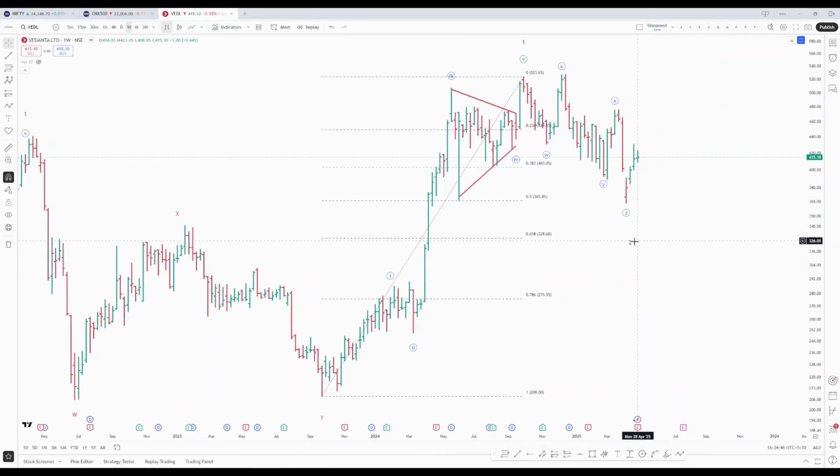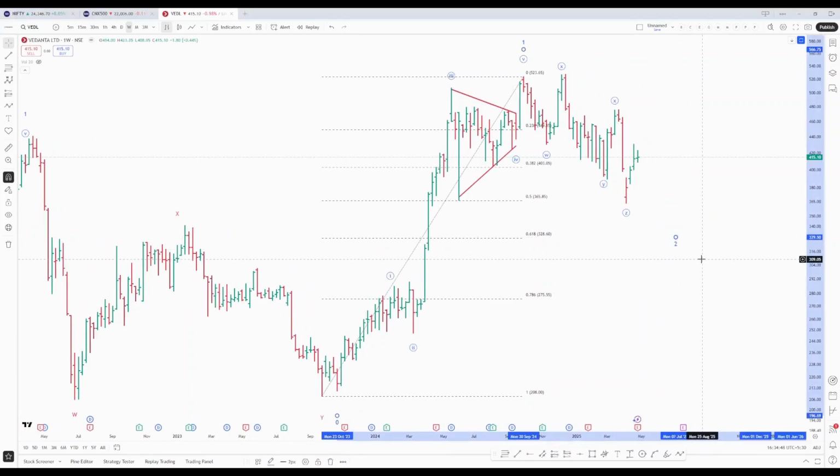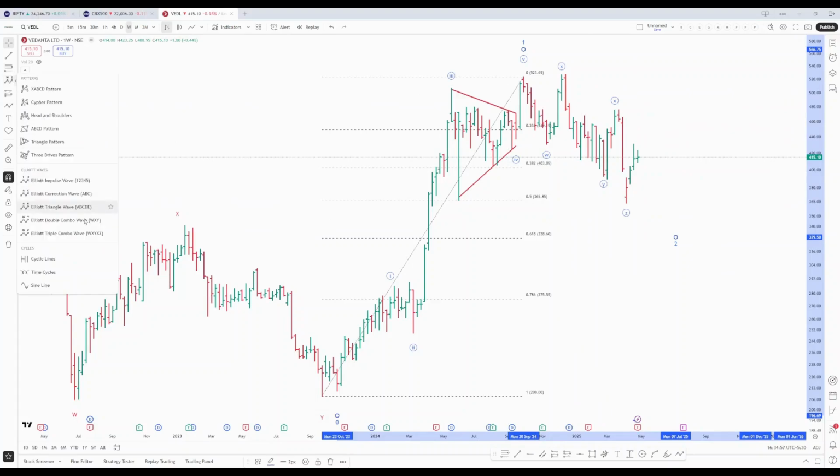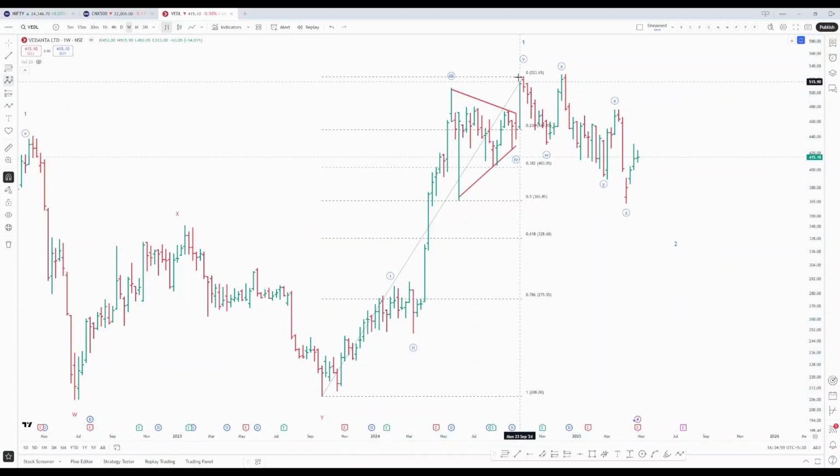So for now, let's keep this option open that wave 2, we are not 100% sure it is complete or not, because if this correction has to continue, it could continue like this. So this WXYZ could be a larger W, and then there could be an X leg, and then another Y leg, and only then this will get completed.